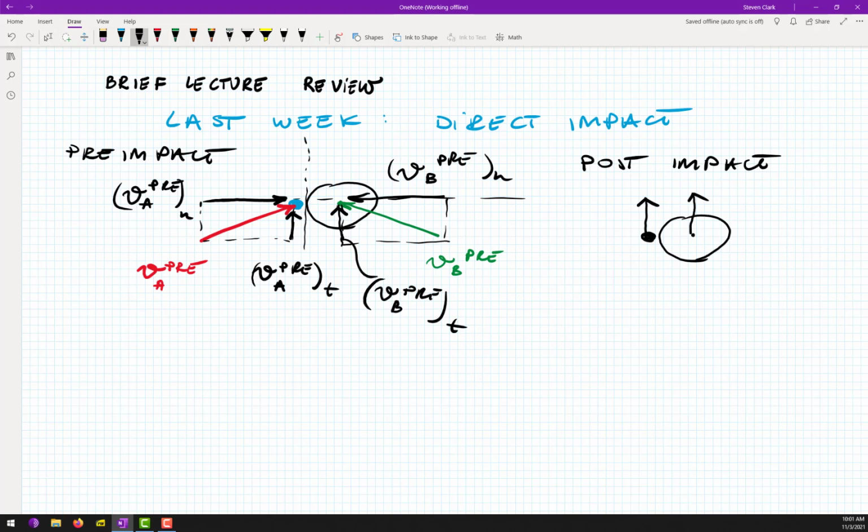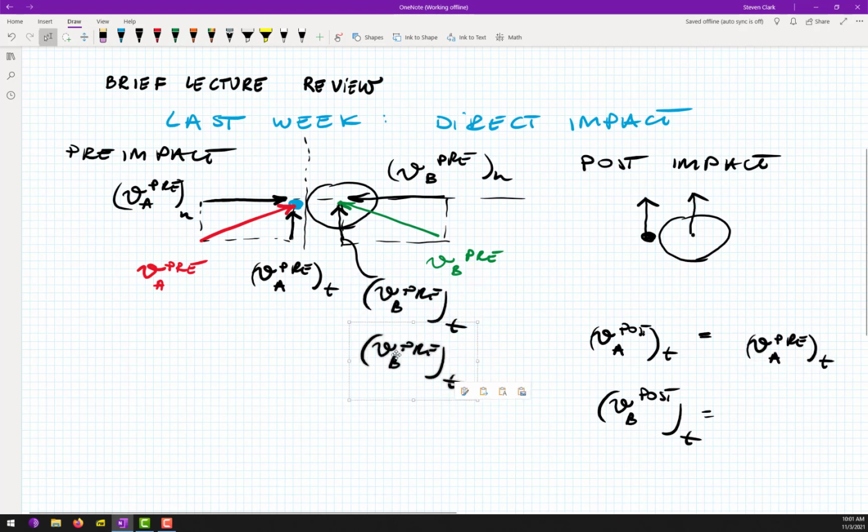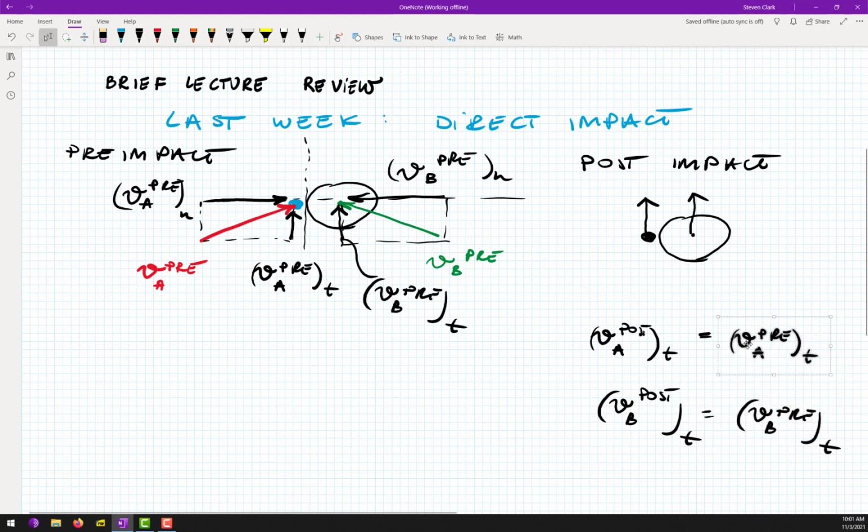Okay, so I can just write that these guys post are equal to their counterparts pre-impact. So this guy is equal to this one, and this guy is equal to this one. Okay, everything clear so far?